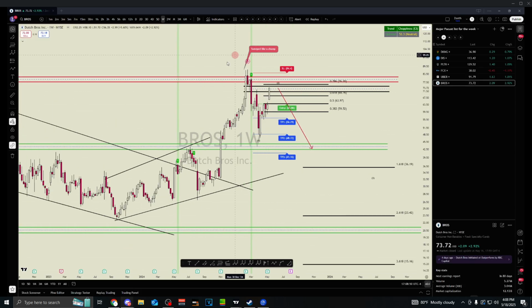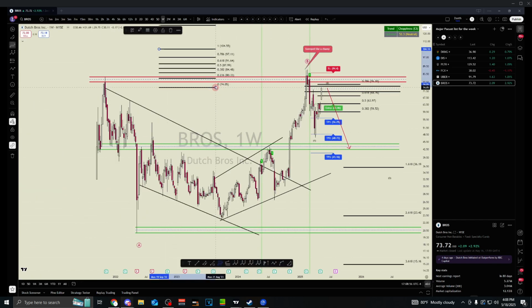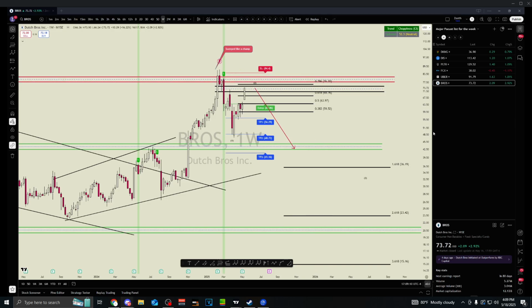Based on the concept of Elliott wave, wave two normally can go to 0.2, 0.38, 0.5, 0.618, and 0.786. That's why you can see my Fibonacci zone over here.